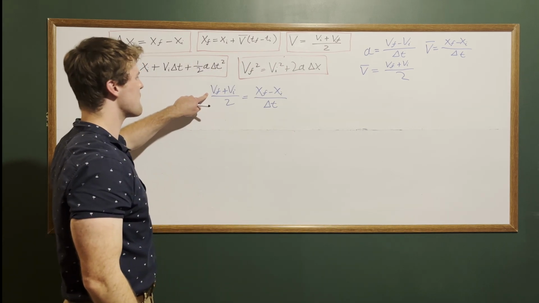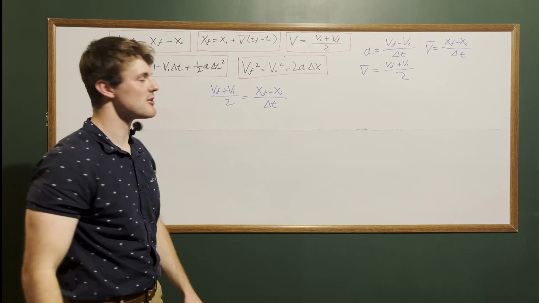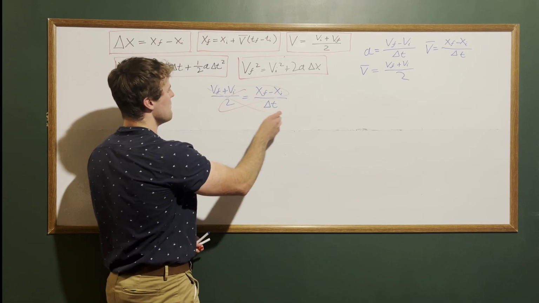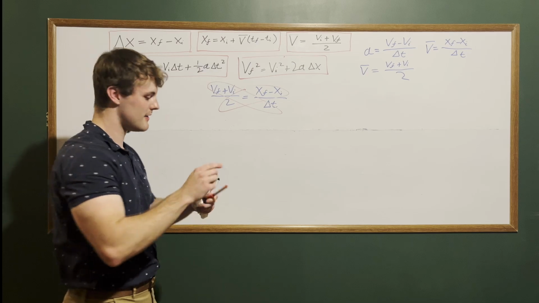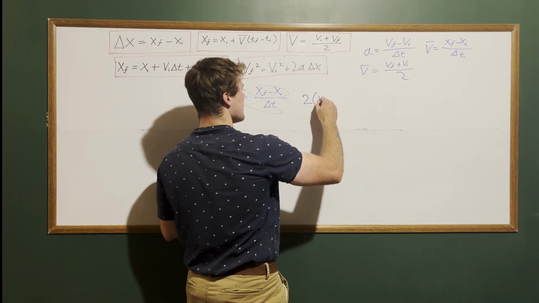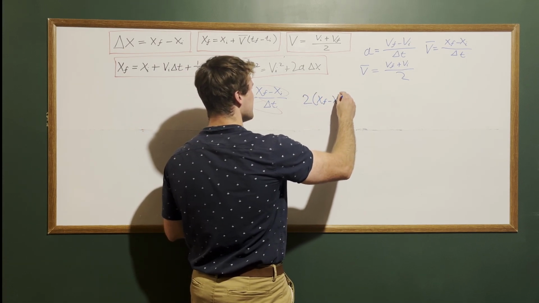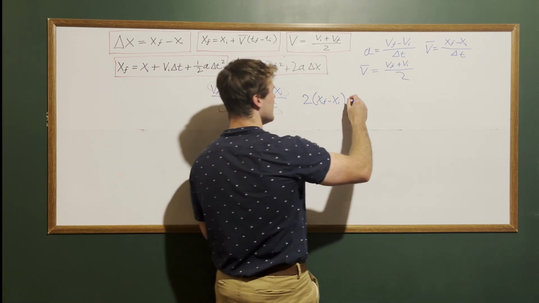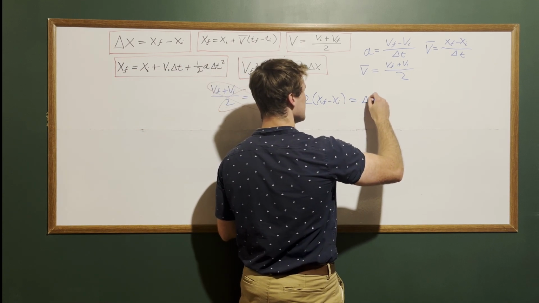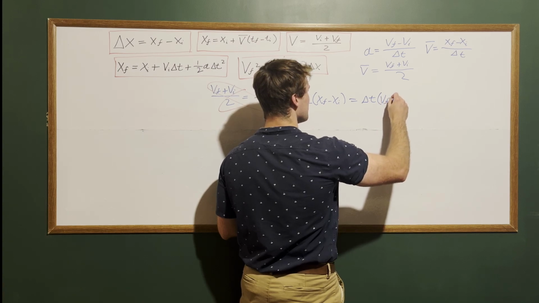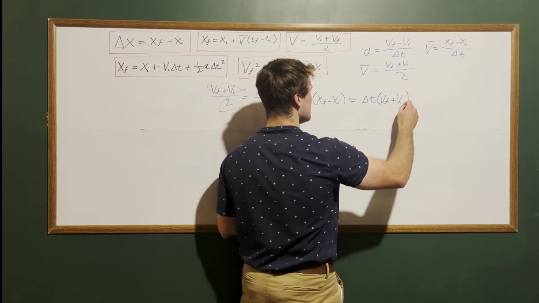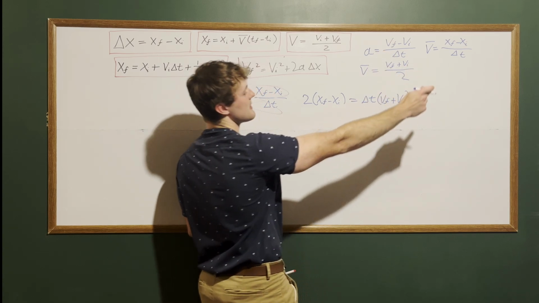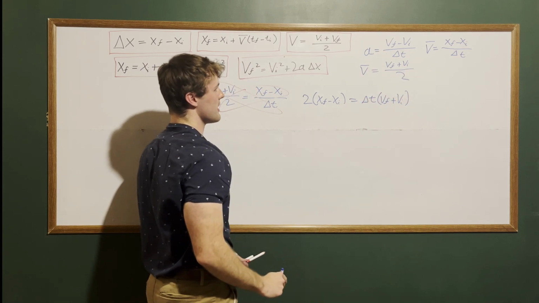Let's solve this for vf and see what happens. Okay, let's cross multiply. That's a thing. 2(xf minus xi) is equal to delta t times (vf plus vi). All right, it's looking a little bit familiar. Now let's take delta t and substitute it here and see what happens.